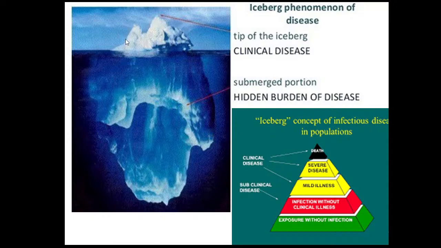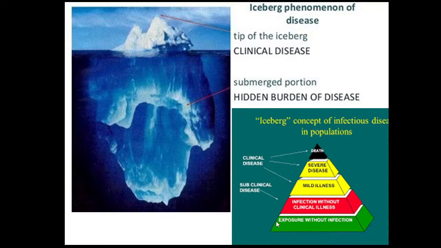Clinical disease, including clinical infectious disease, is the top of the iceberg, visible above the surface of the sea, right? But the submerged portion is much larger, and it is the hidden burden of the disease. That's the iceberg concept of infectious disease in a population, right?